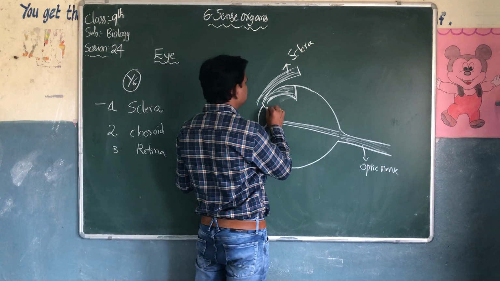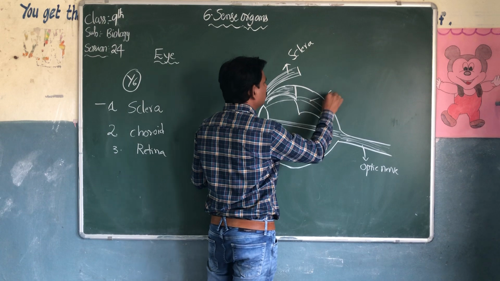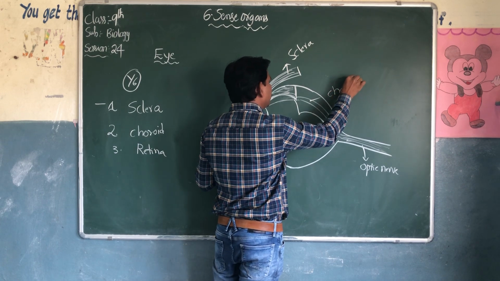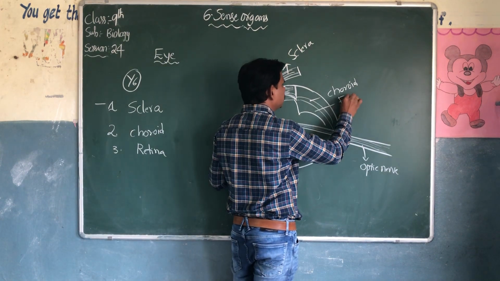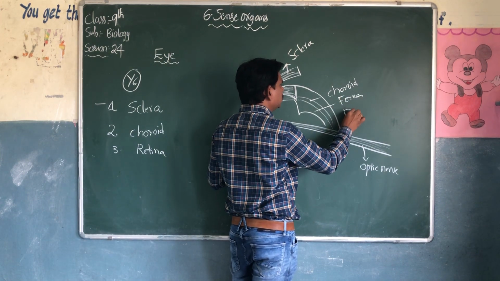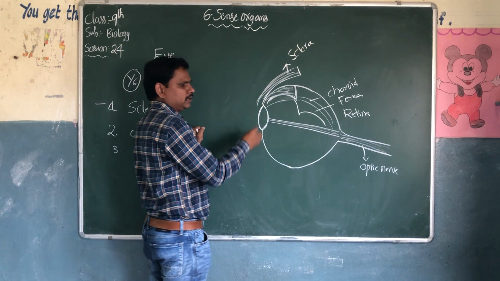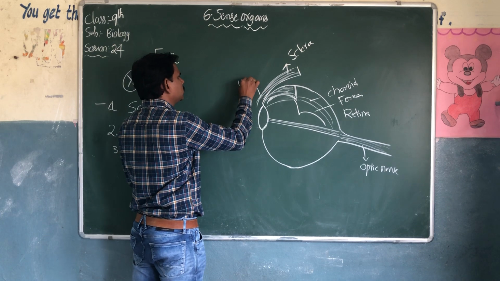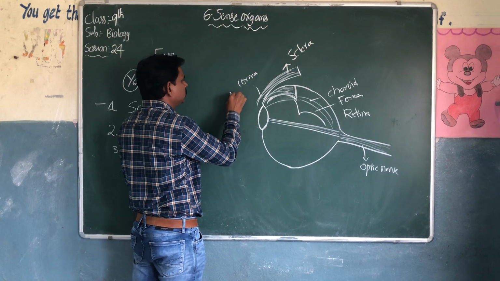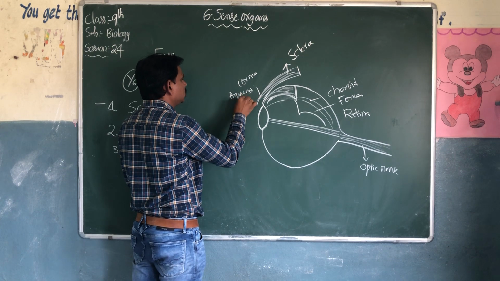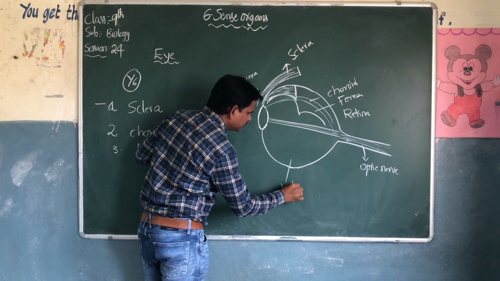The next part is the choroid layer. Then fovea, so many parts are there: fovea, retina, and cornea, the aqueous chamber, and this is the vitreous chamber.